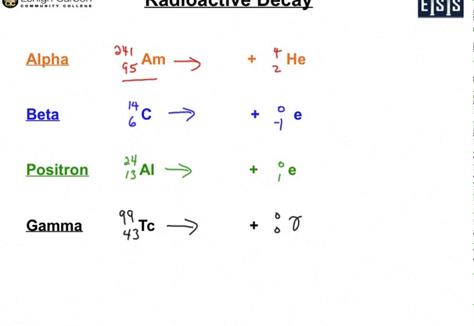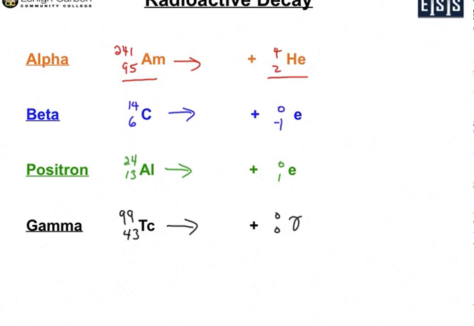And in an alpha decay, it's going to lose an alpha particle, which is a helium nucleus with 2 protons and 2 neutrons. So the simple way you would work out what happens in a radioactive decay here is you start with your americium and remove 2 protons and 2 neutrons.